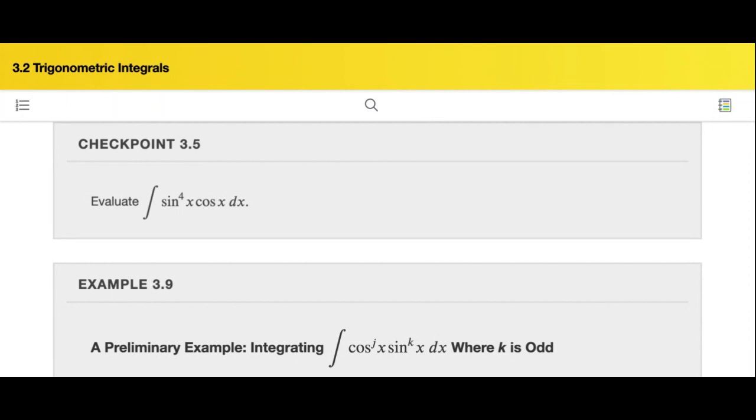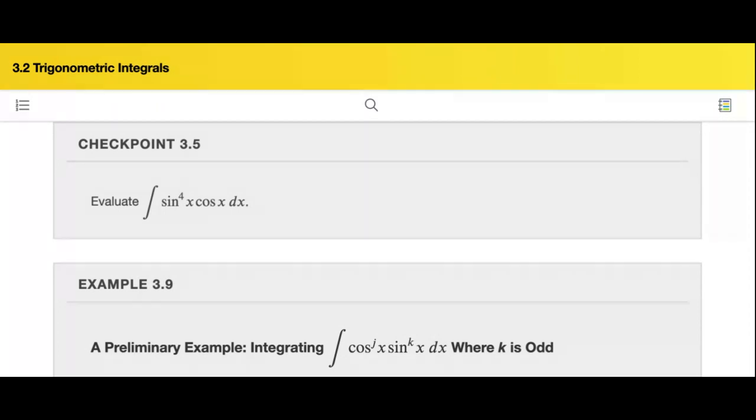That's it. Because if we use u to substitute sine x, du will be cosine x dx. Yeah, plus a number. Good job. Anyone has any questions? Yes, great. Okay.